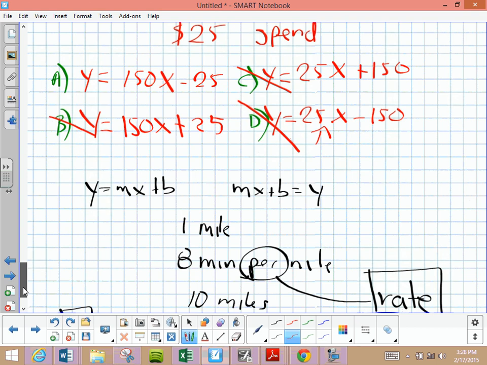And that I run 1 mile, it takes me 8 minutes to run 1 mile. How would I figure out how long it will take me to run 10 miles?